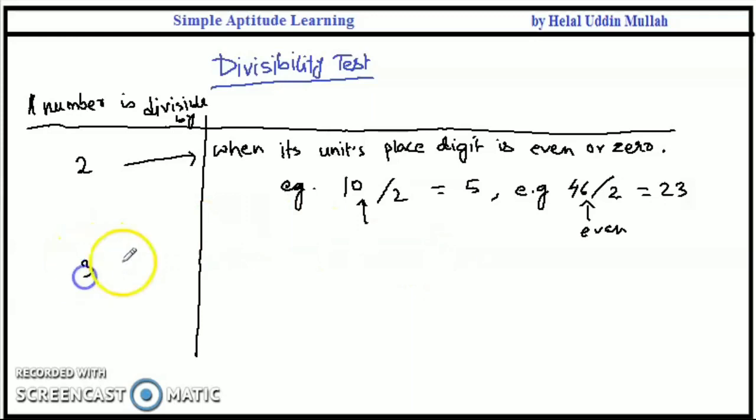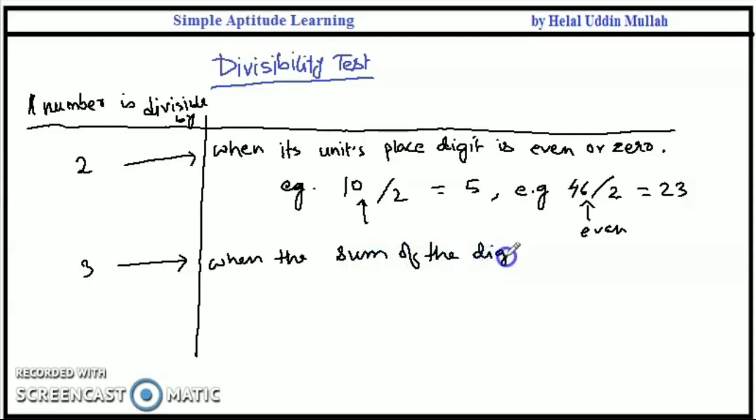Similarly, for divisibility by 3, it is stated that when the sum of the digits of a number is divisible by 3, then the number is also divisible by 3.